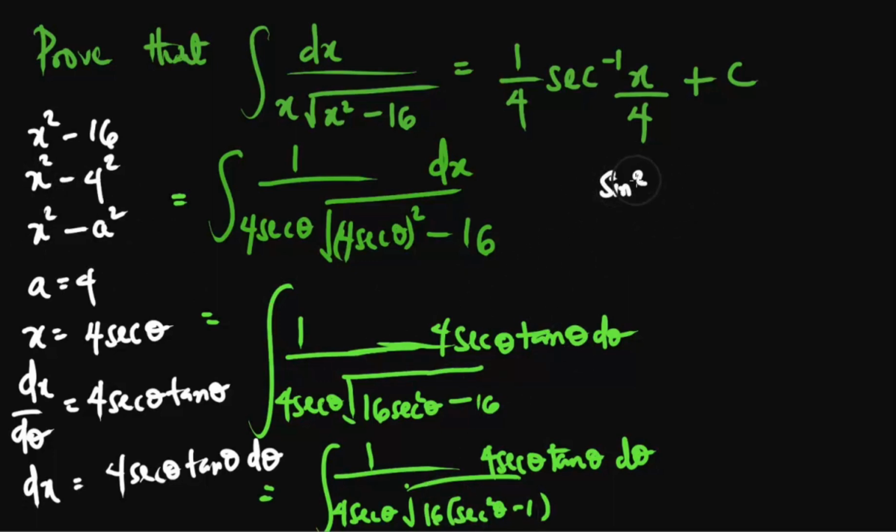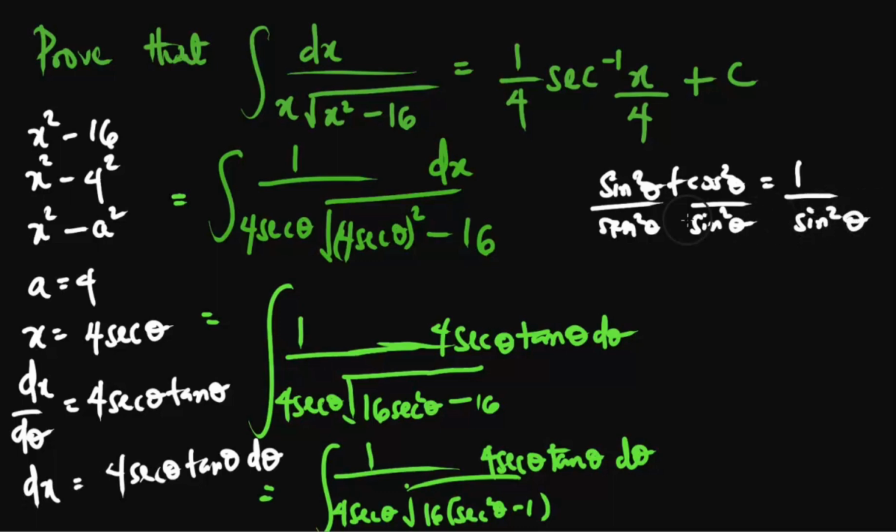When we say sine squared theta plus cos squared theta equals 1, if you divide through by sine squared theta, this becomes 1 plus cot squared theta, since cos divided by sine is cot, and that is equal to cosec squared theta, since 1 over sine is cosec.